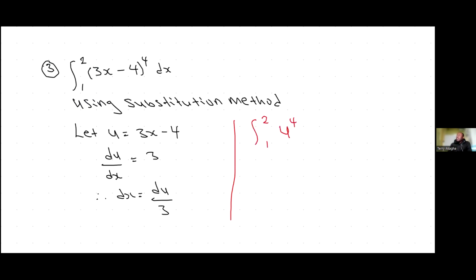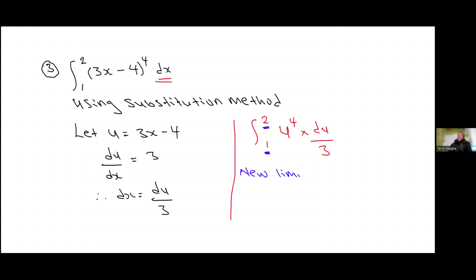But we know that dx is du over 3. So it's going to be times du over what? 3. Now, also, I told you as well that we need to also change the limits. So the limits have to change as well because you can't use the same limit. So we have to look for the new limits.